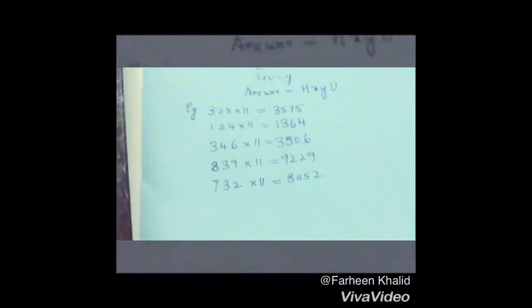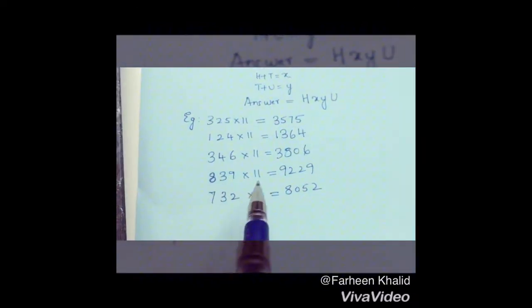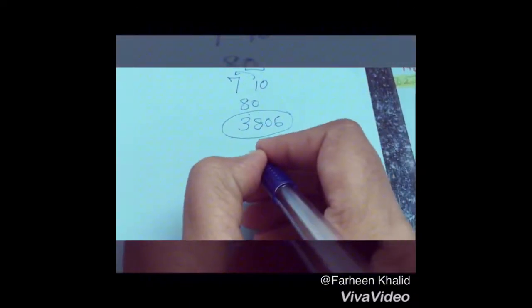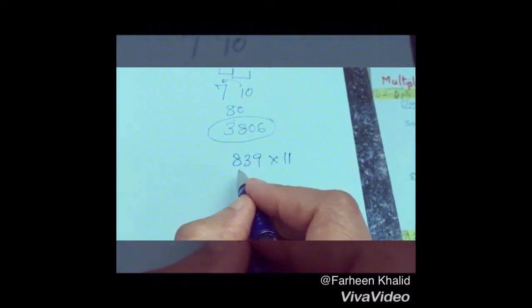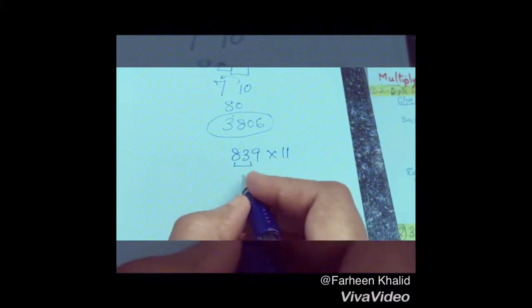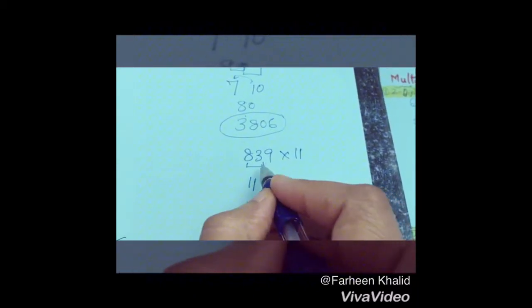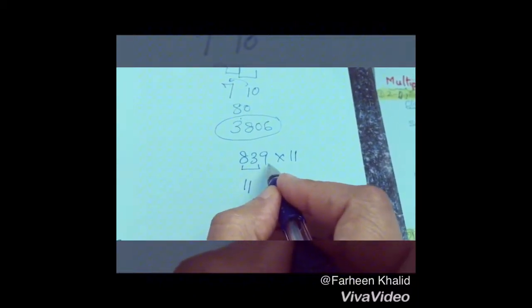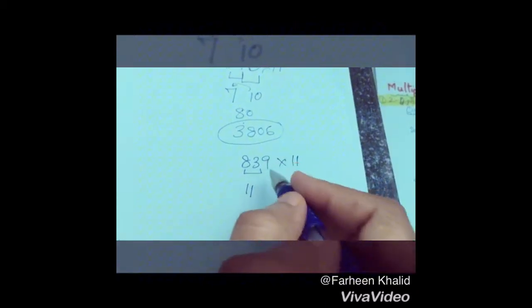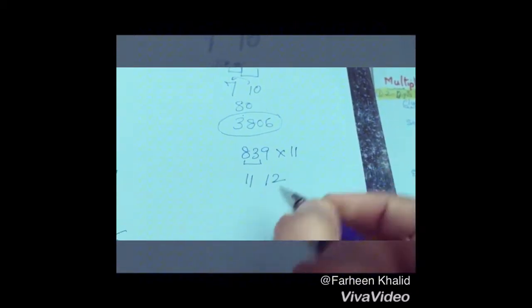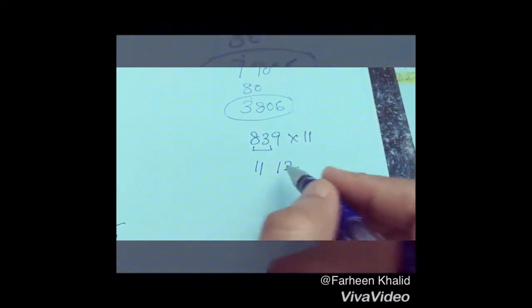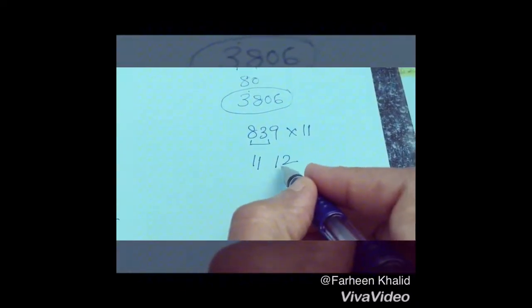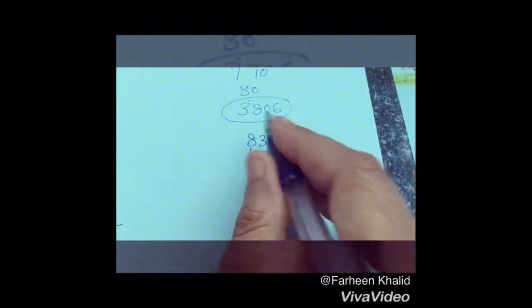Okay, now let's take one more example, which is 839 times 11. You do 8 plus 3, which is 11, and then you have 3 plus 9, which is again 12. So now this is the one which has carry in 2 places. I have taken this example to show you how we do this. Now we do as we did previously.